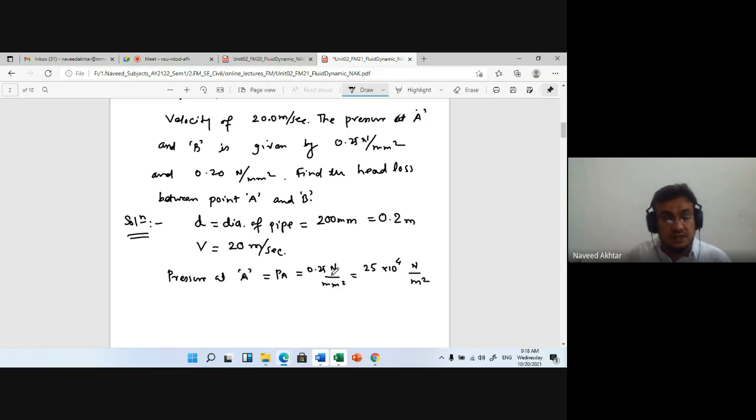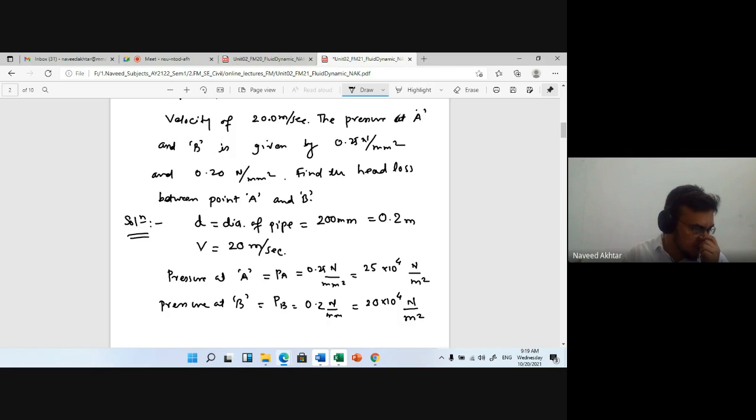We are too late. Then write down pressure at B. These are all just the given data. Pressure at B is 0.2 Newton per mm square. If I write in Newton per meter square, that is 20 into 10 raised to 4 Newton per meter square. We have to bring all the terms into one type of unit.